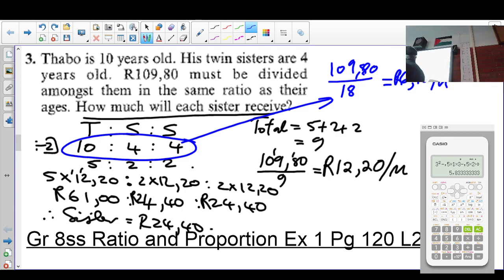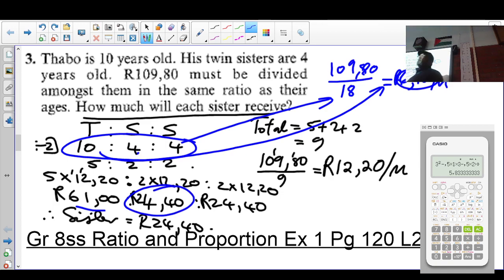Then you say 10 times 6 rand 10 cents, which is 61 rand anyway. 4 times 6 rand 10 cents is going to give you 24 rand 40 anyway. But why did I simplify first? Because the numbers are smaller to work with. But if you're the kind of person who likes to work with big numbers, you can do it with big numbers anyway. People, you guys understand? Okay.